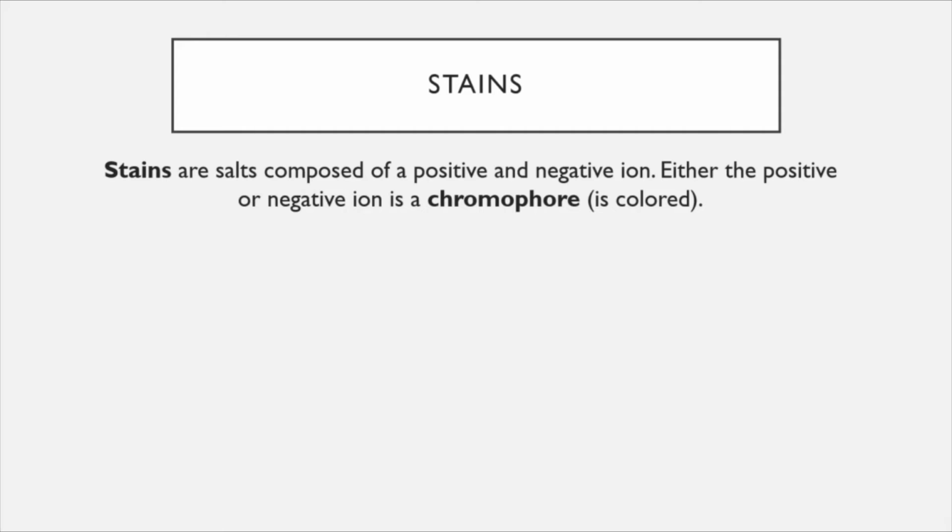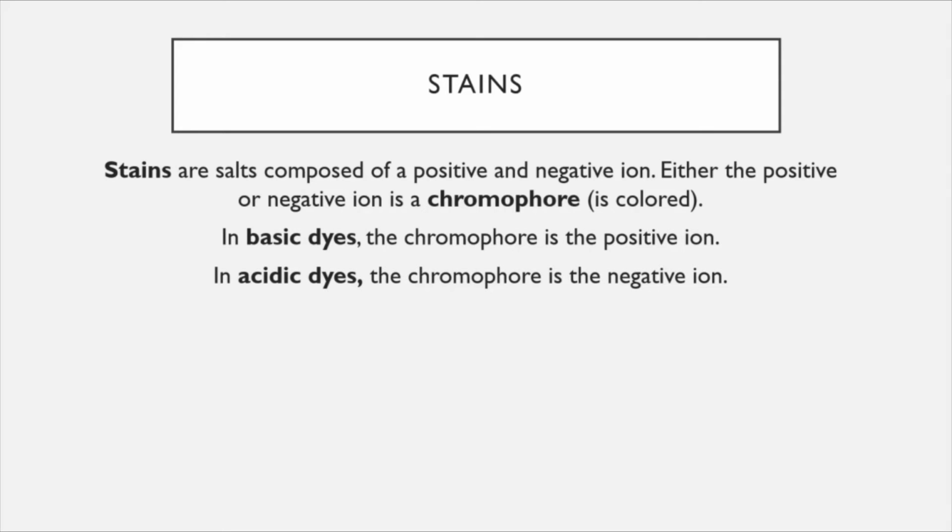Thus, stains can be classified in one of two groups. Basic stains have a chromophore as their positive ion, and acidic stains have a chromophore as their negative ion. And this has an impact on how the stain or the dye is used.